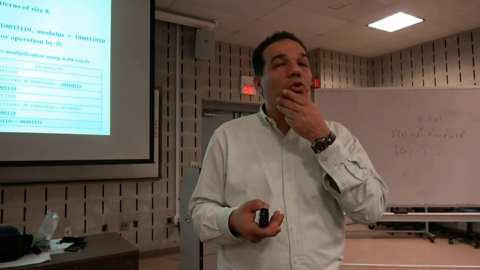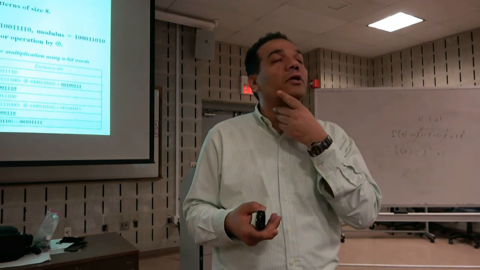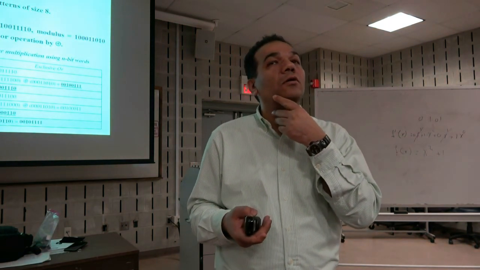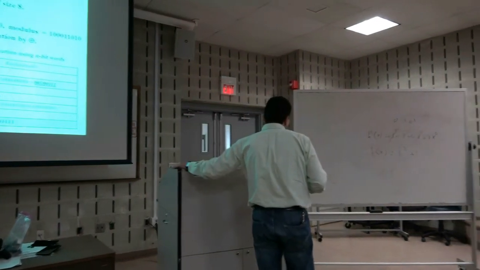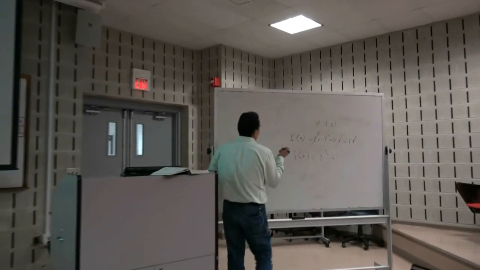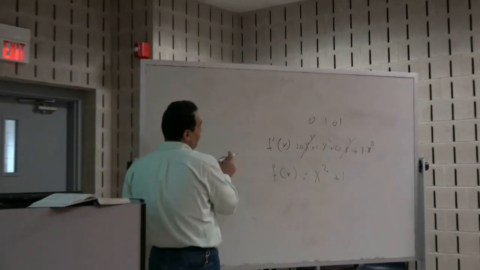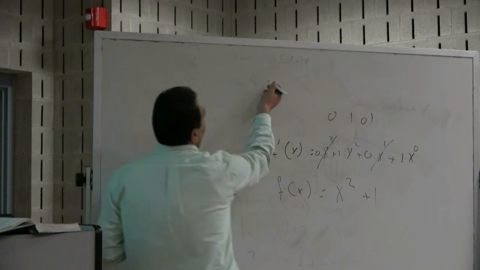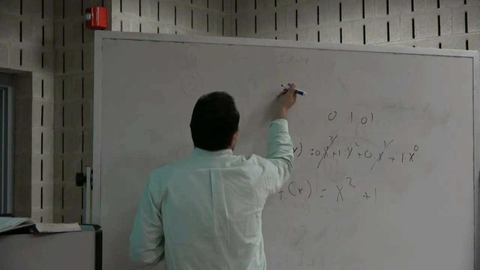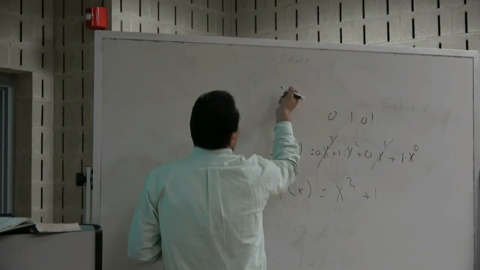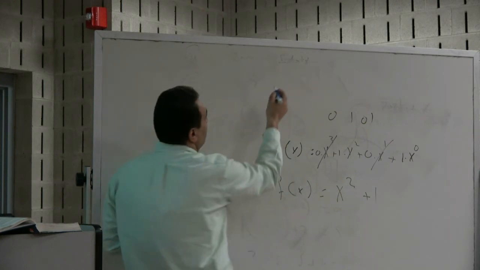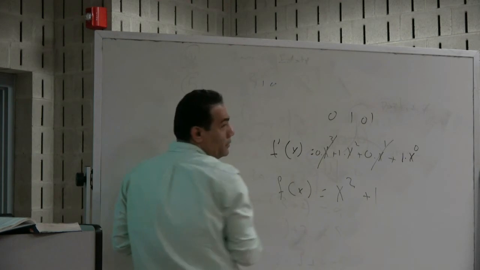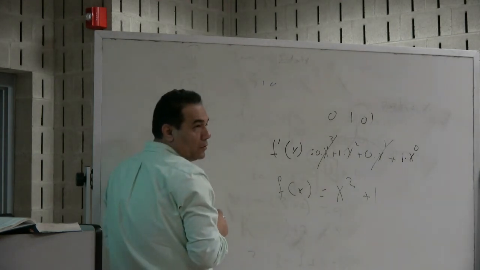When I say 2 times 2, what am I doing? A left shift, right? How do you write 2? For example, 2 is like this, right?